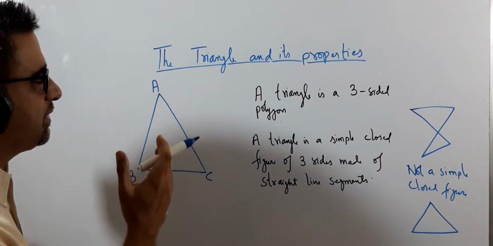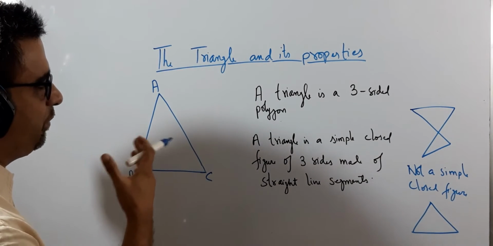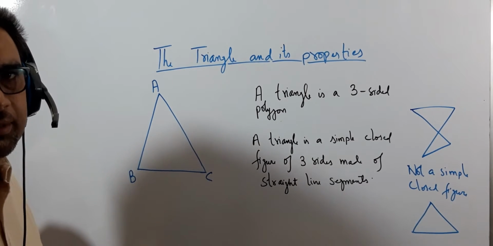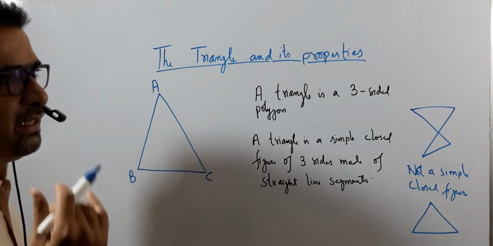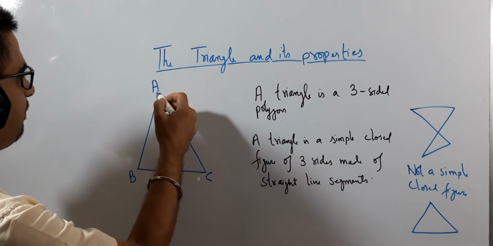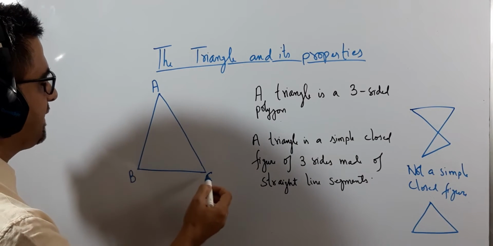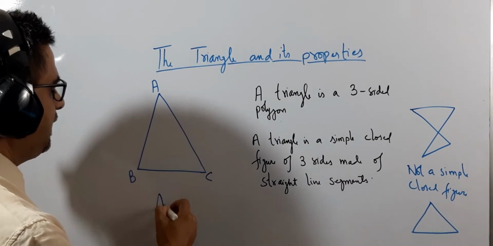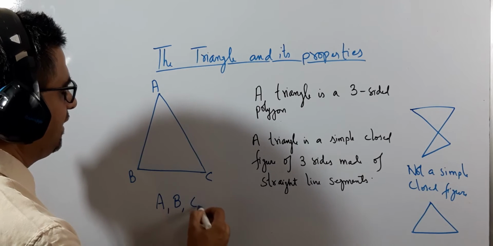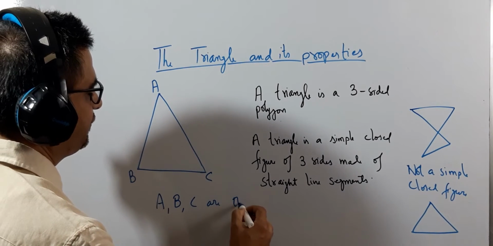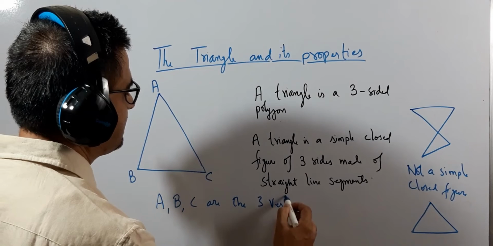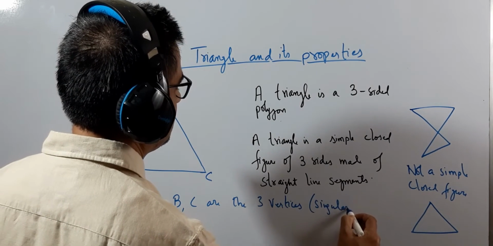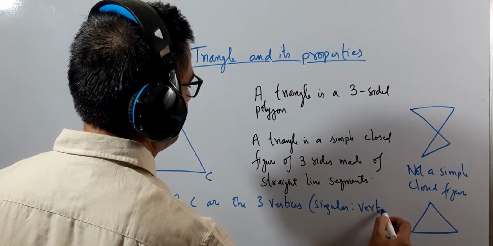ABC is a triangle that we will be referring to talk about a few elements that are in this triangle. So what are the various elements in this triangle? The points A, B, and C, the corners, or the vertices as we call them. So A, B, C are the three vertices. Singular is vertex.